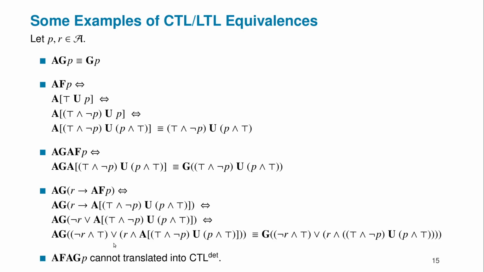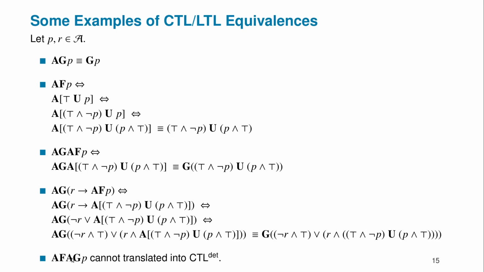Yeah, and then you might wonder what happens with AFAGP. And if you try this, no matter how hard you try, you will not find a CTL-det formula because the sub-formula we have here, the AGP, is not an atomic formula, therefore you cannot use the trick. You cannot put the negation on the other side, because then we would have an atomic guard, and the requirement of CTL-det is to have atomic guards for until.